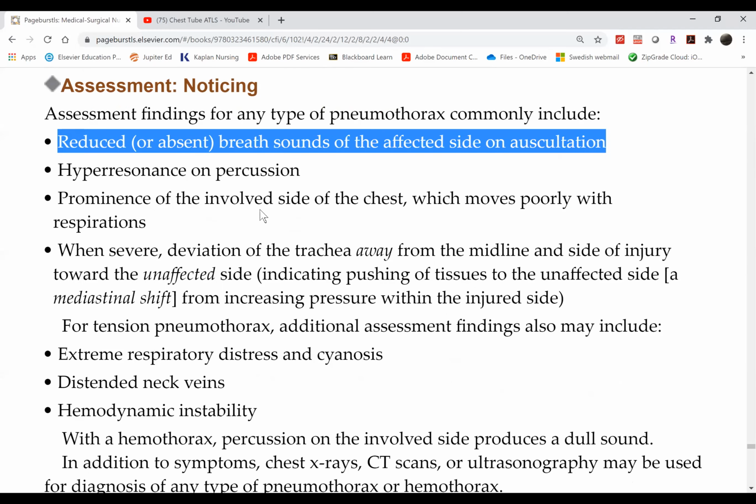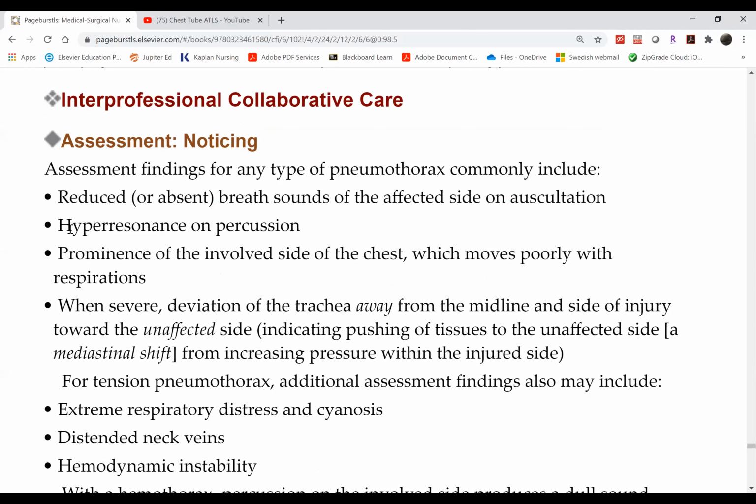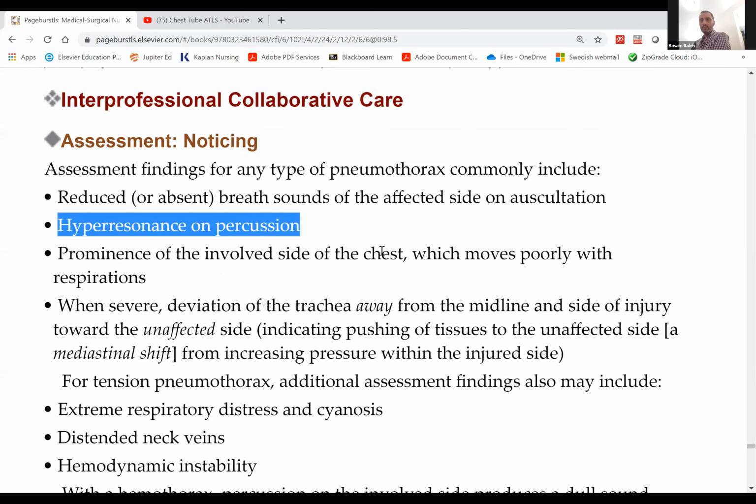Let's finish the signs and symptoms and then we'll go to chapter 30. So obviously the lung is partially collapsed here. Now we will hear no breath sounds this time because the lung doesn't expand to that area anymore. Hyperresonance, because it's now a blank space.